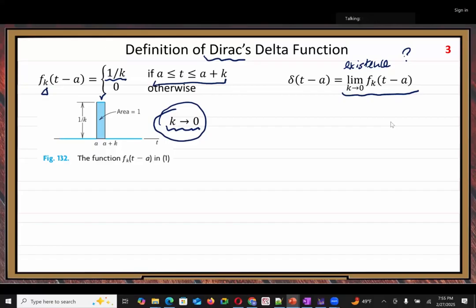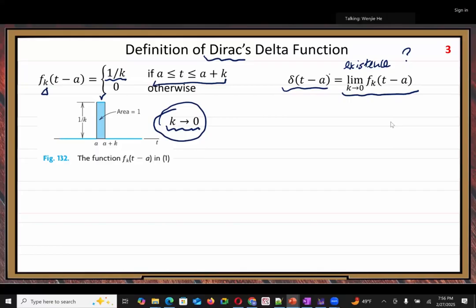But why do you still use this notation? If it does not exist, how can you define the delta function? Based on the definition of the limit, this delta function is not a function. It is not a valid function in math.